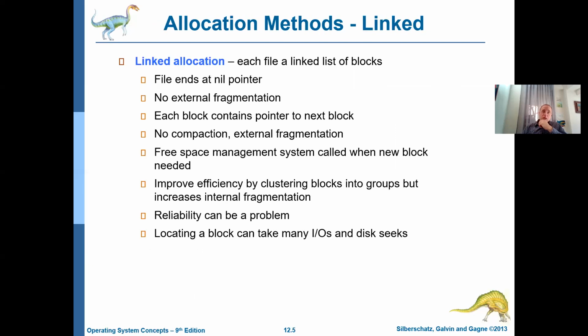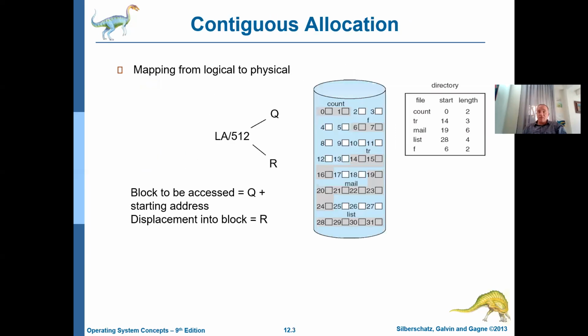Okay, then there's two other methods of allocating. This contiguous allocation is obviously problematic, for the same reasons that we said that contiguous memory allocation is problematic.